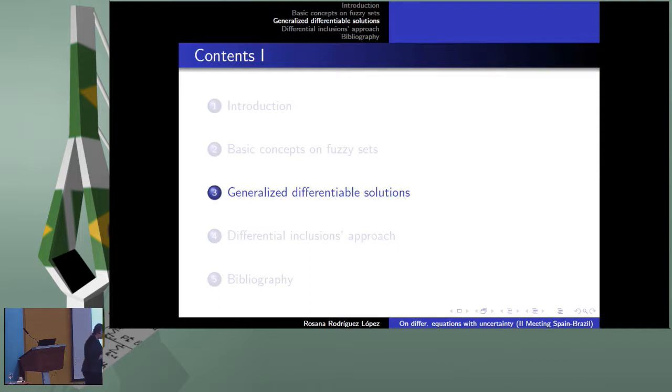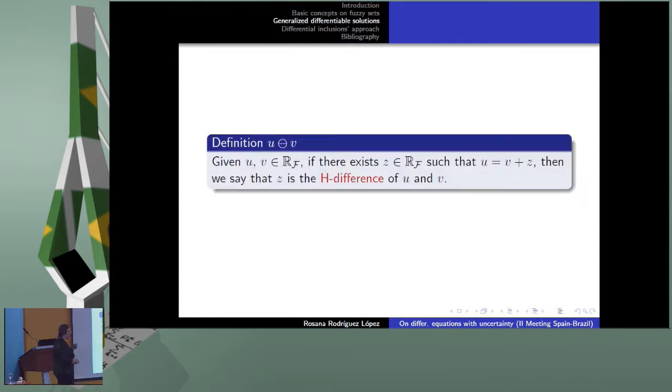At the beginning we are trying to get something equivalent to what happens in the classical case. In the classical case, we are used to having a differential equation and an integral formulation which is completely equivalent under proper conditions on the function f. So if you want to define a concept of differentiable function, and you think about the classical notion of derivative, what you really need is a good difference.